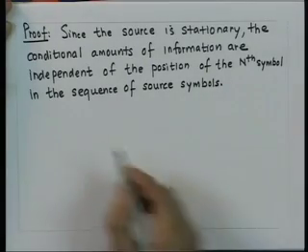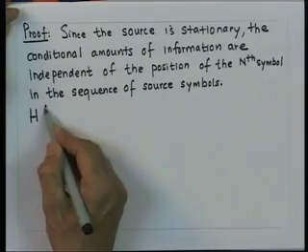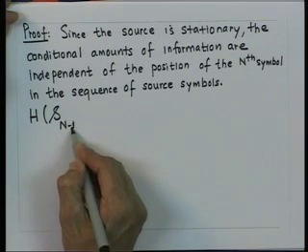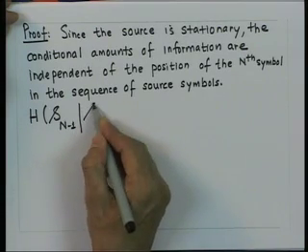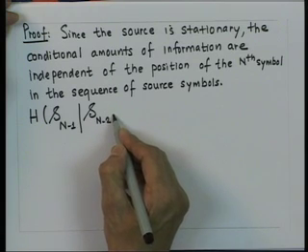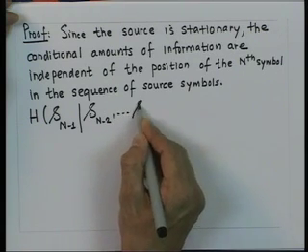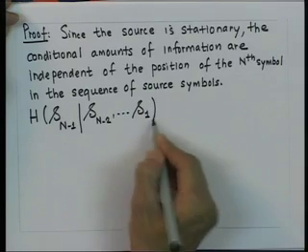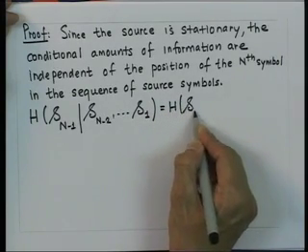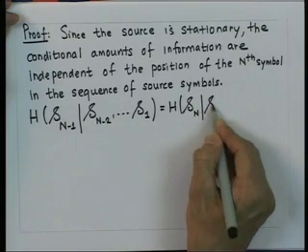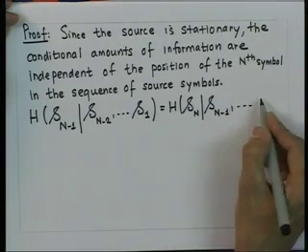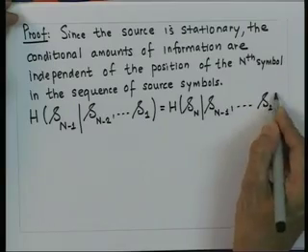So what it means is that H of Sn minus 1 given Sn minus 2 to S1 is equal to H of Sn given Sn minus 1, but this will go up to S2.